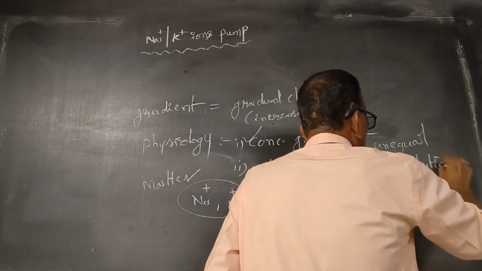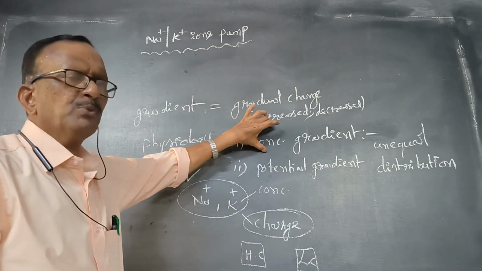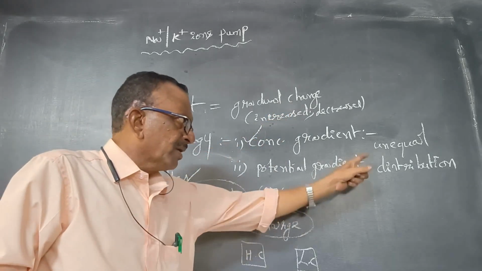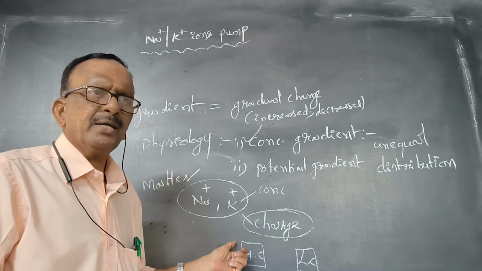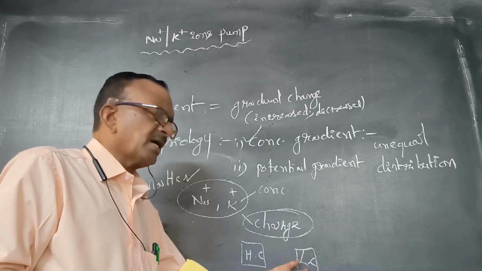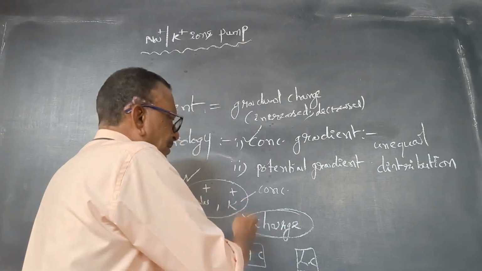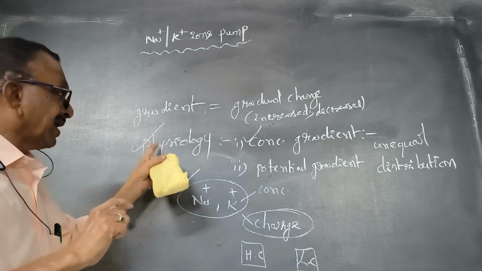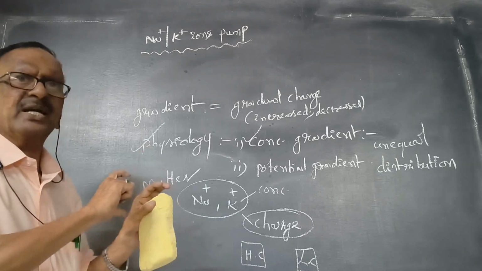Unequal distribution of ions. In terms of concentration gradient, at one place there is a greater amount of these ions, so the concentration is high. At another place the number of ions is less, so the concentration is low. Because of this, what happens? We are considering processes occurring in biological systems, that means physiology.